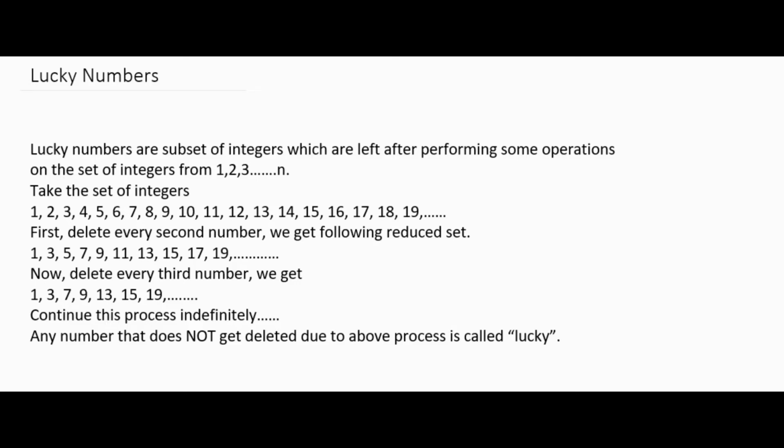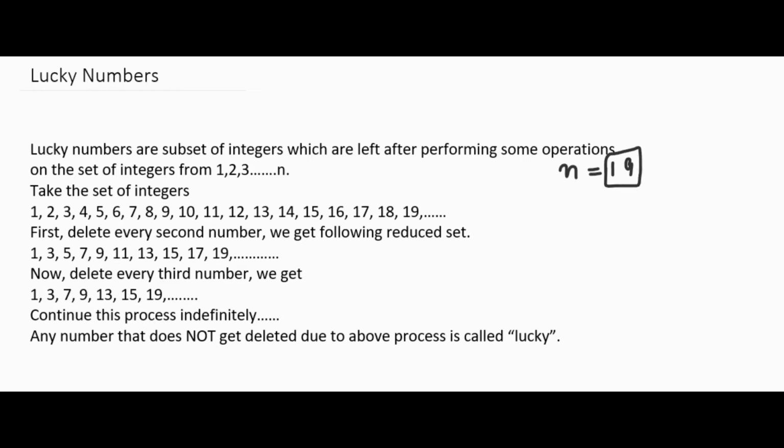Today we are going to solve this question, lucky numbers. Let's see what the question is. Lucky numbers are a subset of integers which are left after performing some operations on the set of integers from 1 to n. What does that mean? We will be given one integer, let's say n equal to 19, and we have to find whether this number is lucky or not.